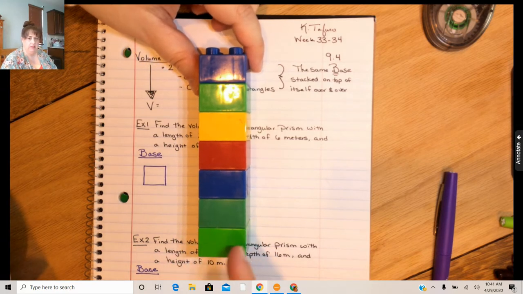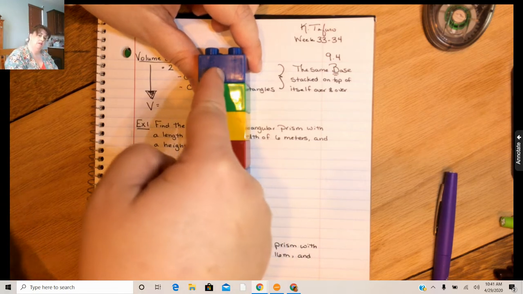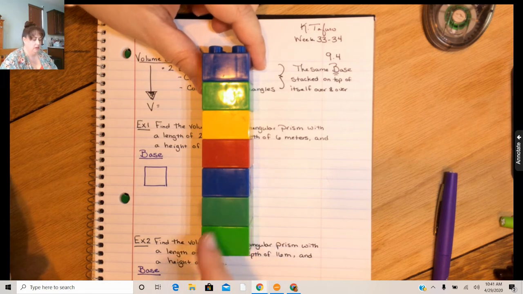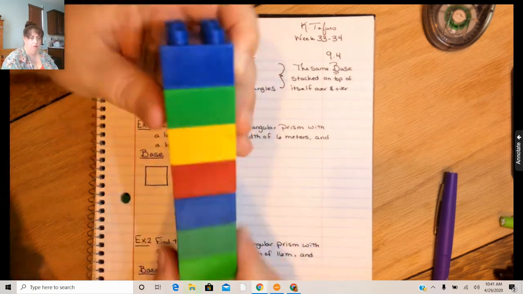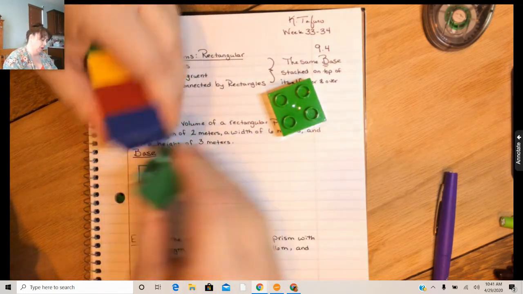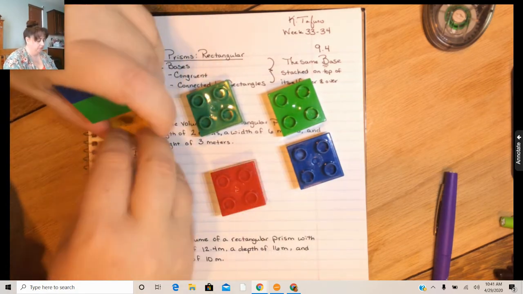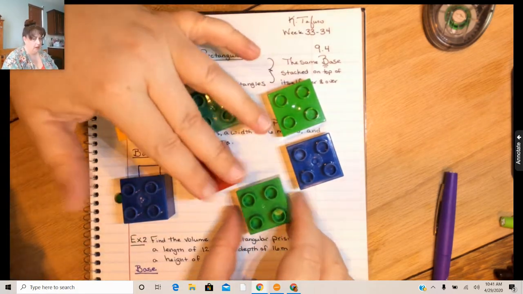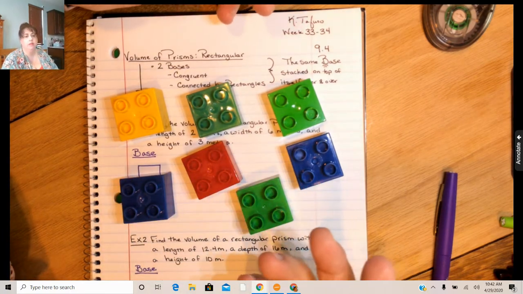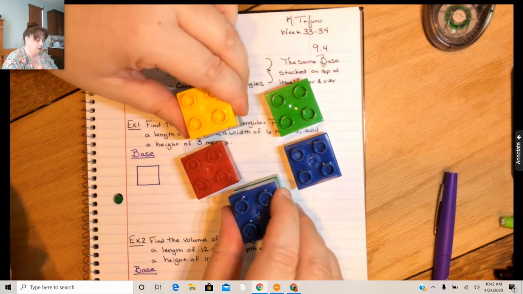So the volume of this is the base, which is 4, times the height, excuse me, which is 7. So 4, the base, times 7 is 28. If I was to take this apart and look at each piece, you can see that the volume is 28 knobs. So that's how we're going to do our volume and how we're going to think about it.